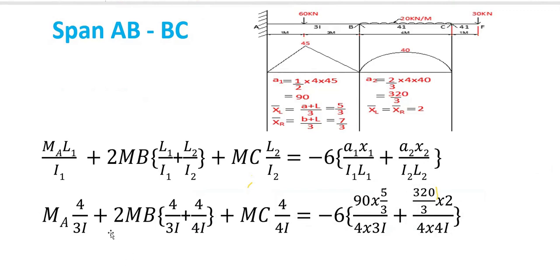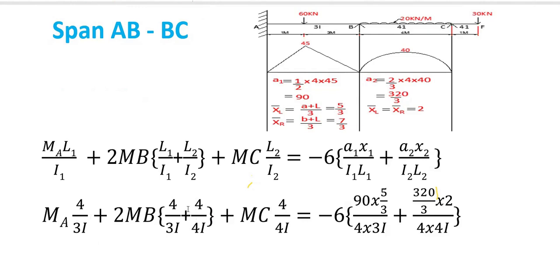If you are very accurate, if you cross multiply here, the LCM of 3I and 4I is basically 12I. If you work this out, you will get something like 14MB over 3I, and here we'll have 4MA over 3I.